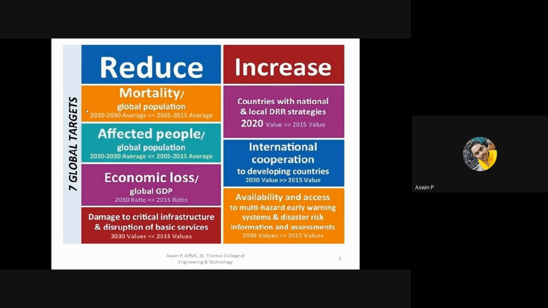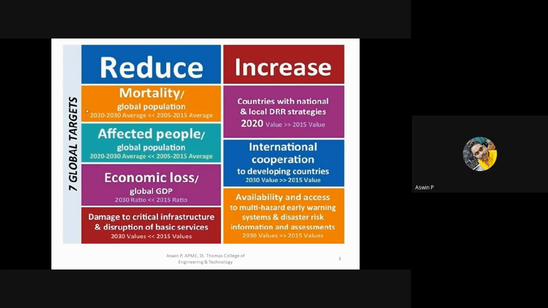And finally, we should increase the availability and access to multi-hazard early warning systems and disaster risk information and assessment. We know that we currently have different multi-hazard early warning systems. Even for floods, when dam shutters are opening, they give early warning to the people. These are the basic concepts we have.